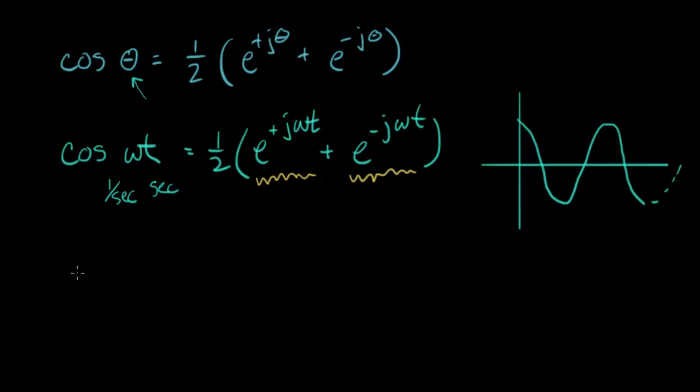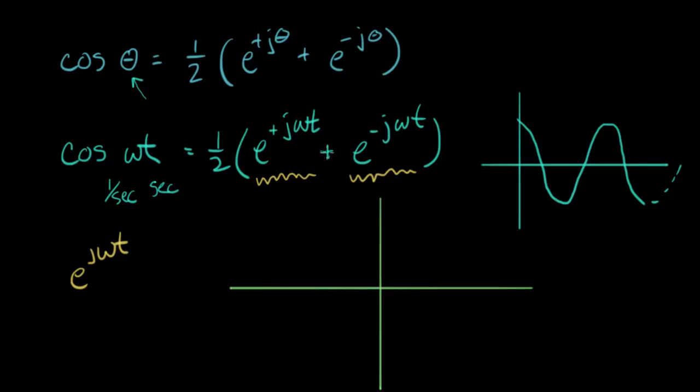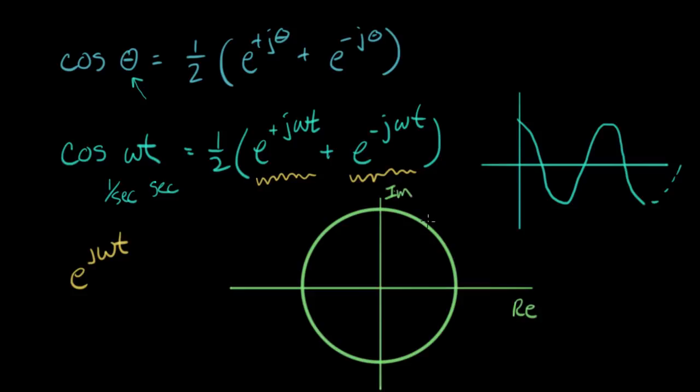So now we're going to look really carefully at e to the j omega t. What we just reviewed was that this is a complex number. Let's draw that complex number. So we're going to put a number out here.